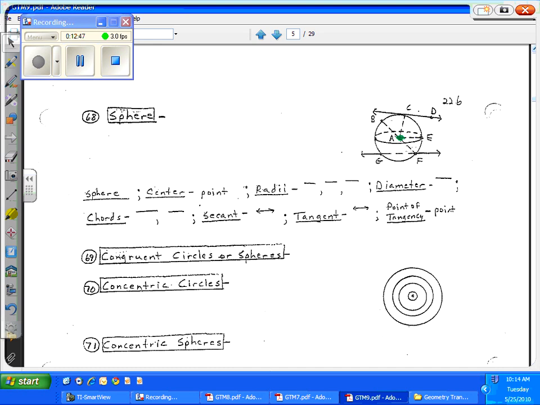So every point equidistant from that point, not limited by being in a plane, would create a sphere. A sphere is the set of all points a given distance from a given point.